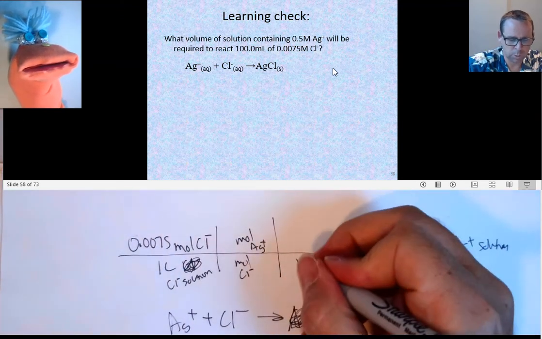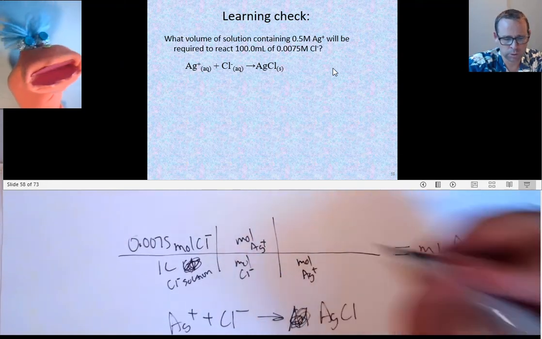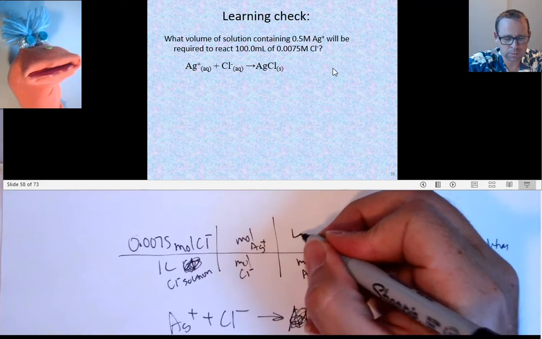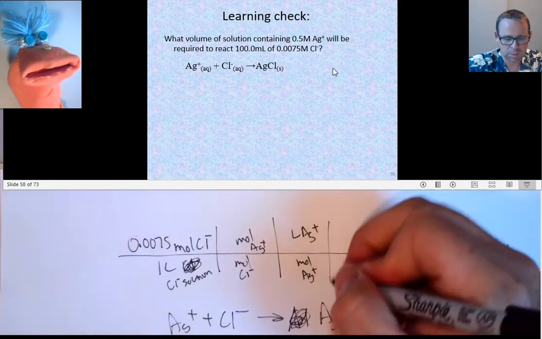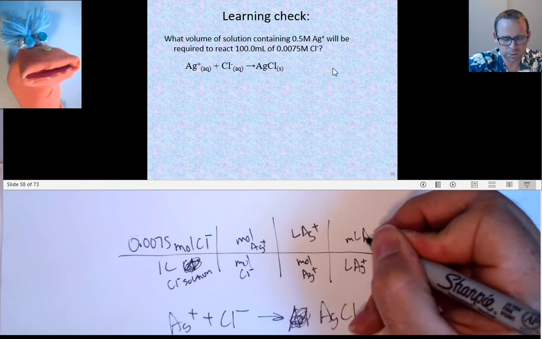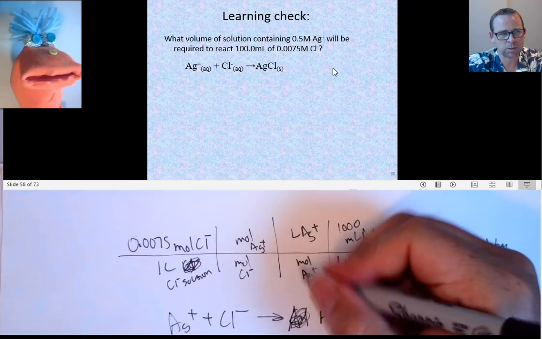And then I can go from moles of silver ion to what? You can use your molarity to go to liters of silver ion. Very good. I'll go to liters of silver ion. I was going to go right to milliliters of silver ion, but that might be confusing. Liters of silver ion going to milliliters of silver ion. So there's 1,000 milliliters for every 1 liter. Now, where do we get this information?